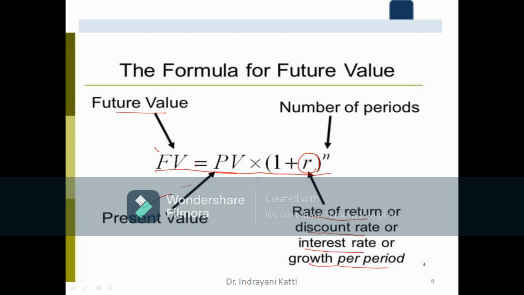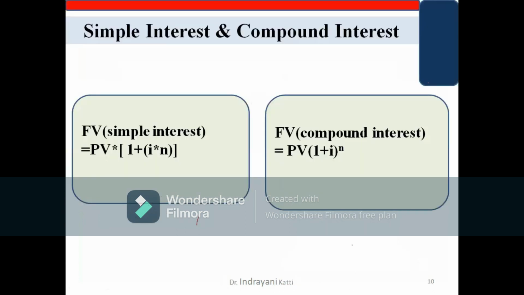So by using this formula, we can calculate the future value of a single flow, right? Here there are two concepts: one is simple interest, and one more is compound interest. If simple interest is there, a little bit of change will be there in the formula, and if compound interest is there, it is what you have just seen. In the first box, it is future value when simple interest is applicable.